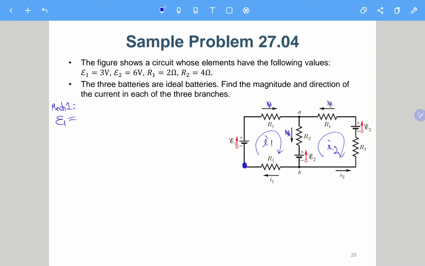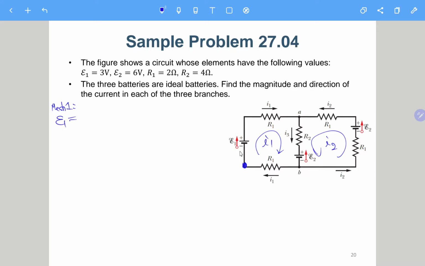Or maybe here we can just let it there, and then we can just define this I2 to be counterclockwise like this. So this I2 will simply follow this direction.